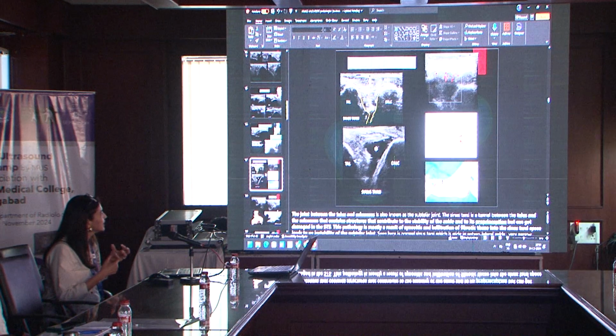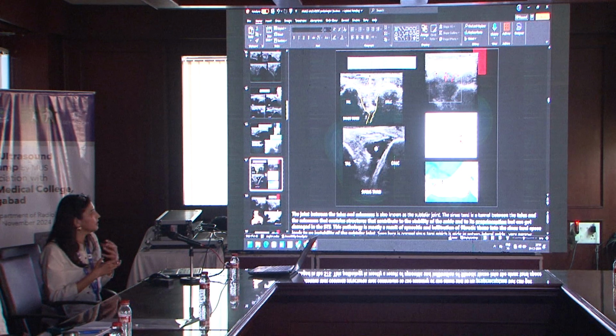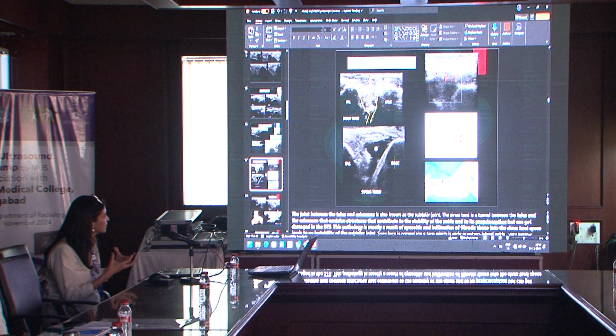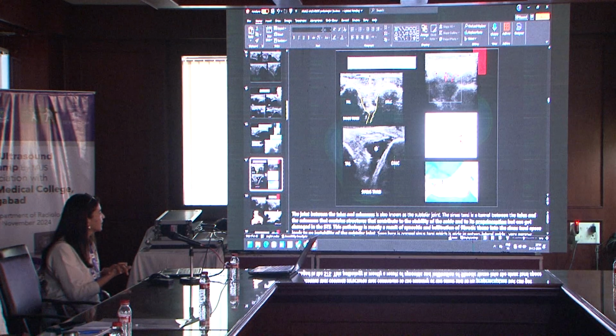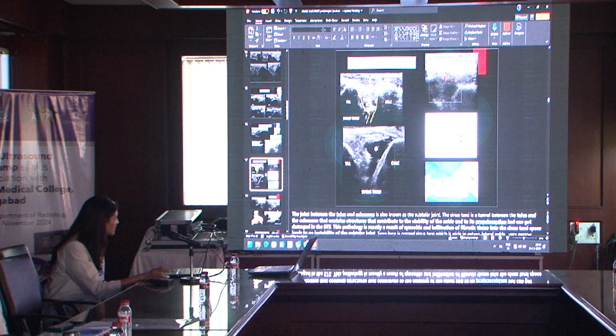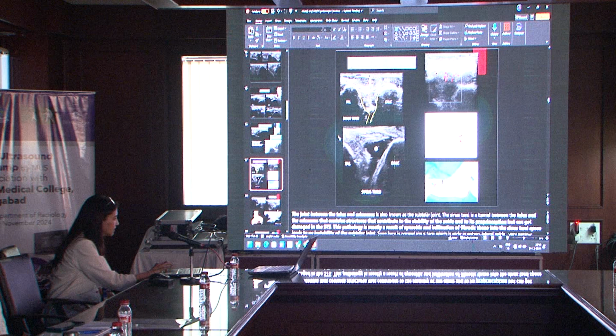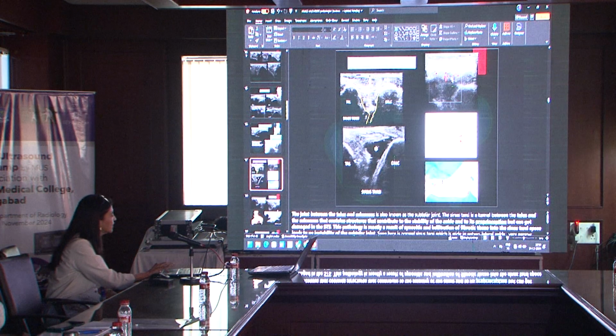So, whenever there is any pathology, any synovitis, any infiltration, fibrosis, there is loss of stability and instability of the subtalar joint. And what we see here is a sinus tarsi syndrome. This is a case where there is synovitis, there is fluid within the joint space, and here is another case showing increased vascularity. So, that is the sinus tarsi syndrome.